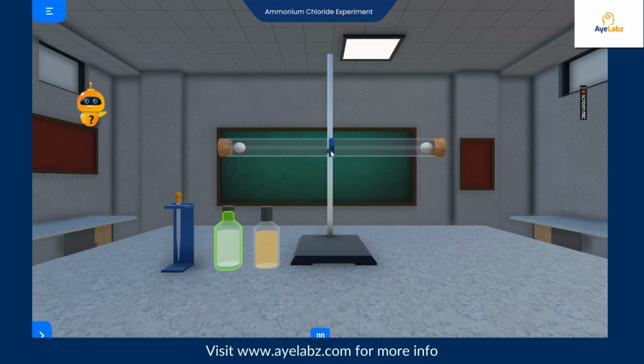The stand is positioned in such a way that both sides of the cylinder are at equal distance. When we start adding the gas particles into the cylinder on the stand, on which side will the product form? That is the question you can ask the students before starting this experiment.